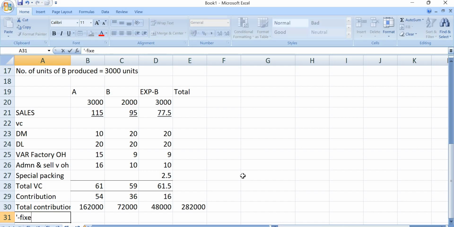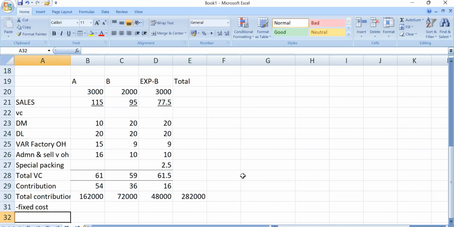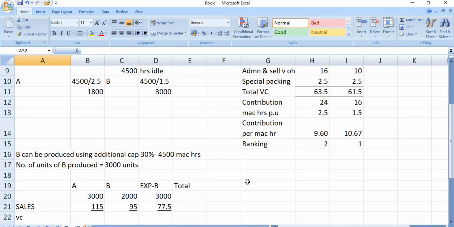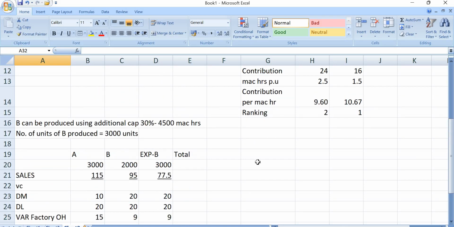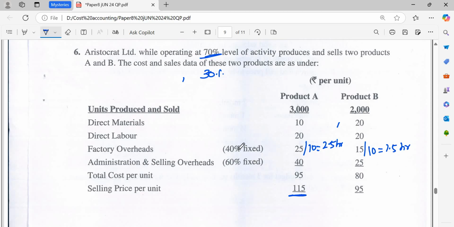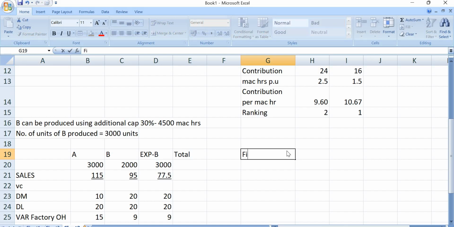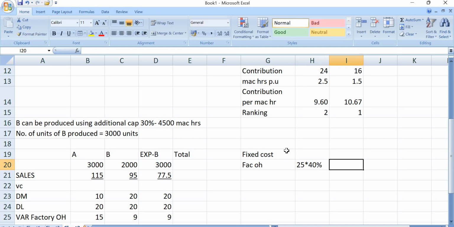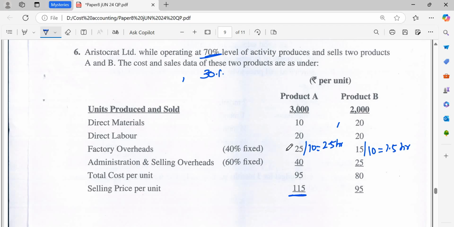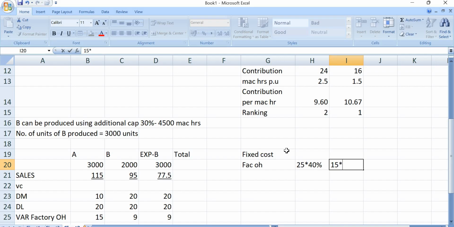Fixed cost. So now the question comes how to calculate fixed cost. Here we have fixed cost of 40 percentage, that is on 25. So factory overheads, that is 25 into 40%. Here it is 15 into 40 percentage, right?